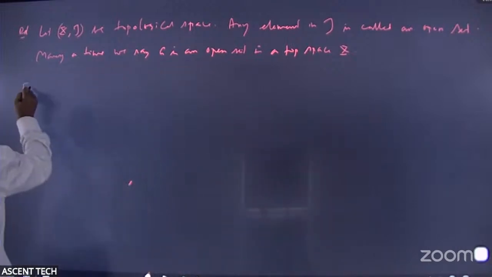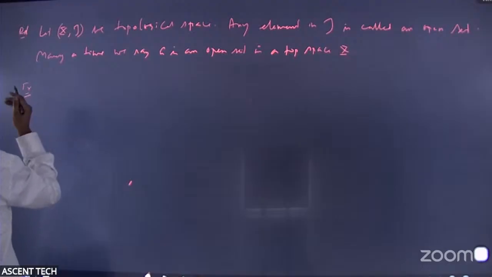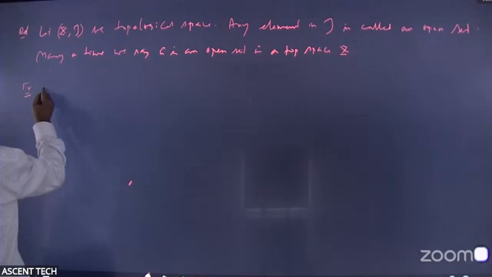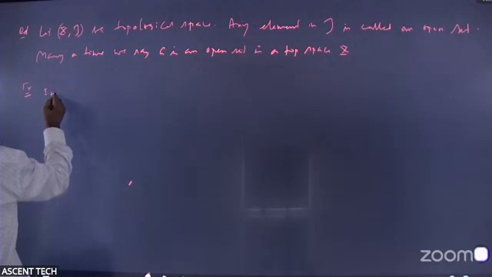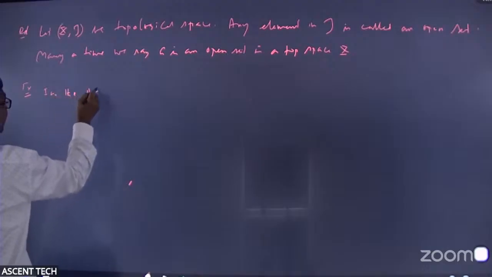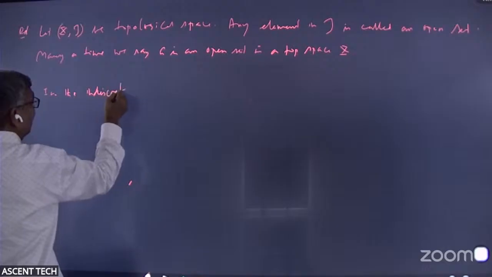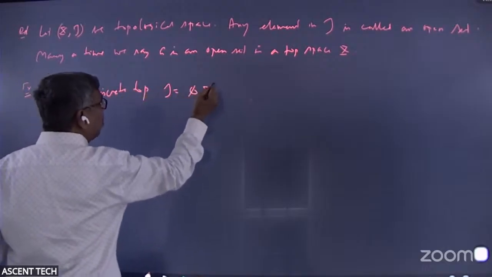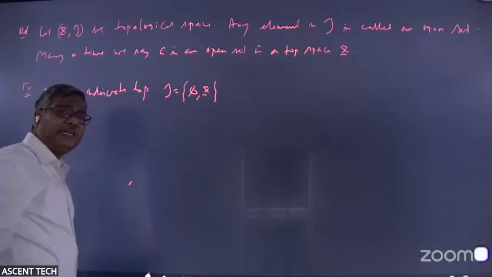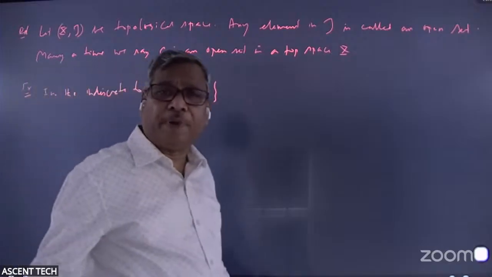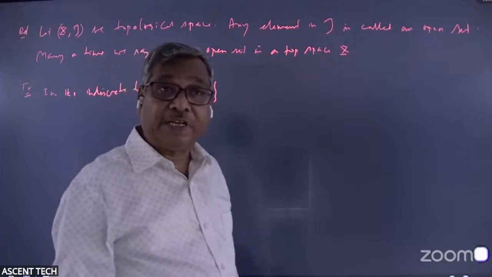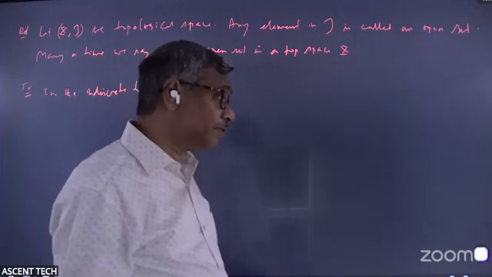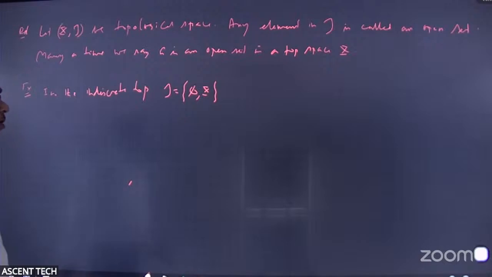For example, the indiscrete topology is a topology with only the empty set and X. So the only open sets are the empty set and X. Everything else is not open. By the way, when you say not open, don't say it's closed. I have not defined closed. Not open, that's all. Open or not open.